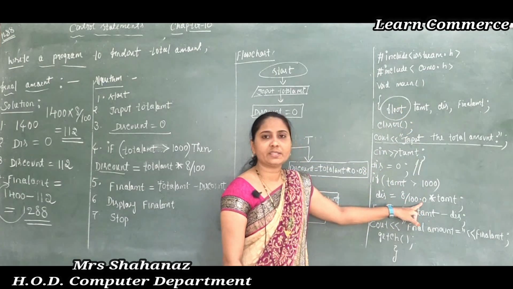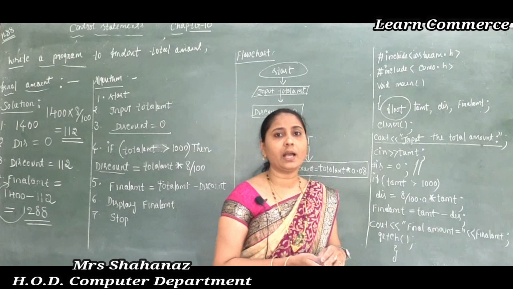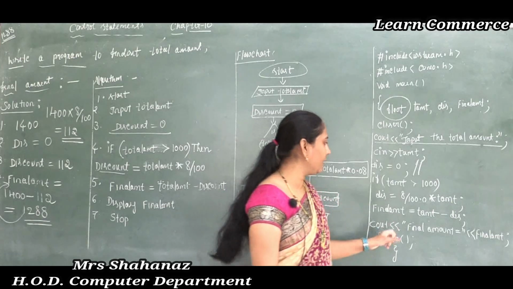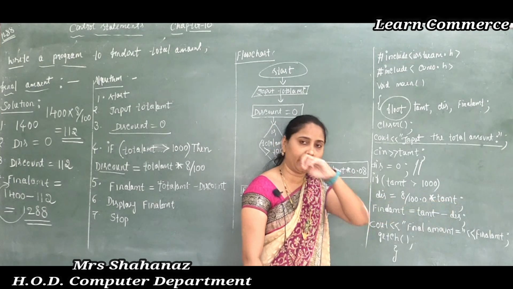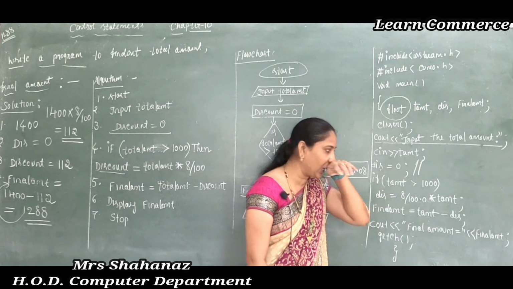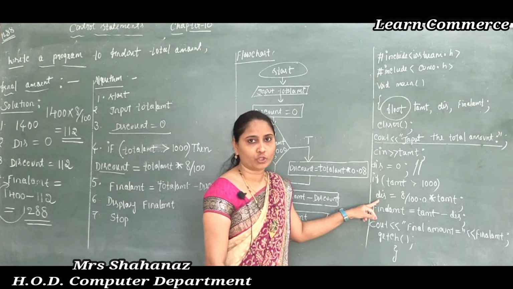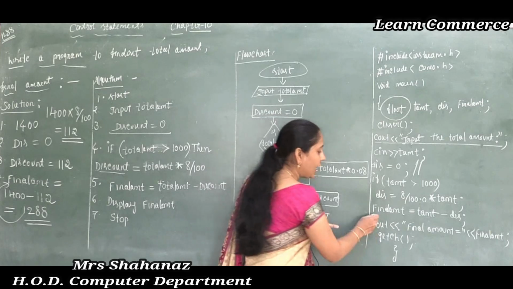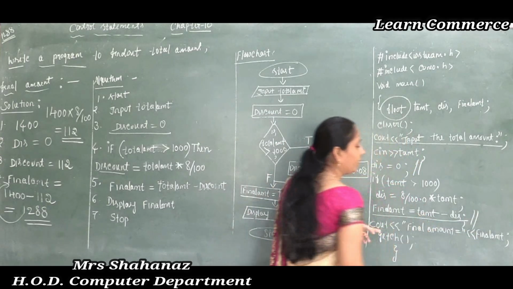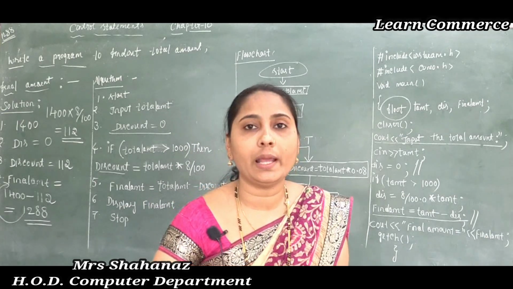I am taking it as 0.0, so I am using the data type float in this program. Into total amount, that means multiplication, 8 by 100 into 1400 here. So it is going to make the calculation of the discount amount. Okay, discount amount here. And next, after that I am going to do the calculation of the final amount of the bill.